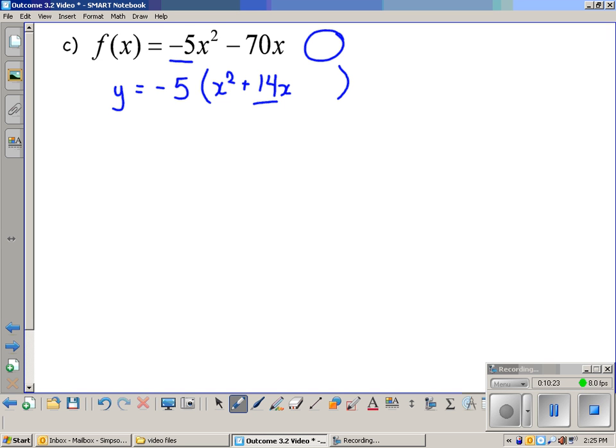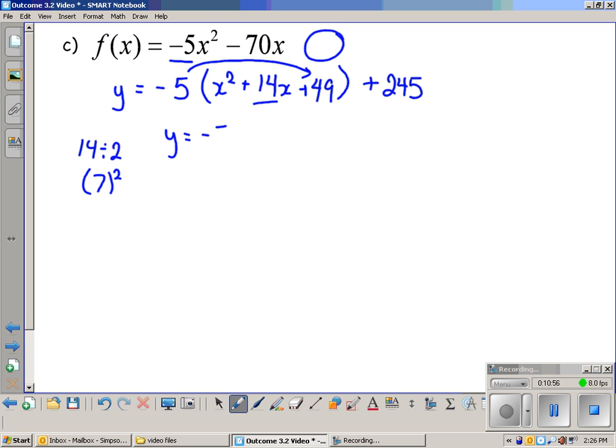Now the same steps as before. 14 divided by 2 is 7. 7 squared is 49. So I'm going to add 49 in here. Remember that I can't just add 49 on the outside because this negative 5 is being multiplied. I need to do negative 5 times 49, which is negative 245. So to keep things equal, I need to add 245.